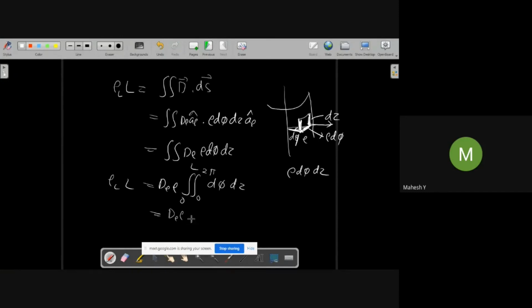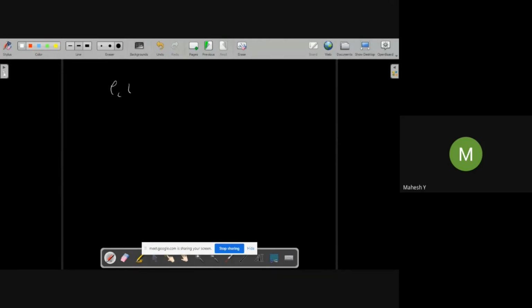D rho, the integral of d phi from 0 to 2 pi is phi, which gives 2 pi D rho, and the integral of dz from 0 to L is z, which gives L. So you got rho L equal to 2 pi D rho L. The L and L get cancelled.